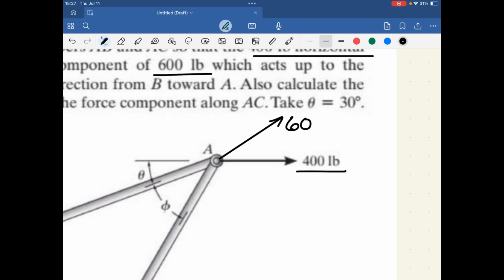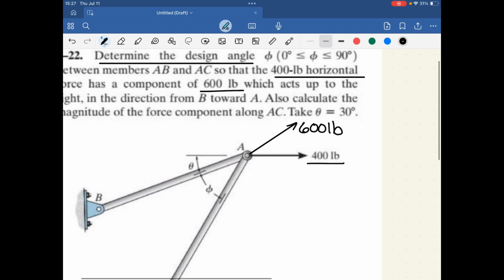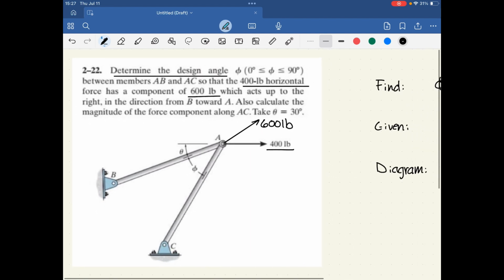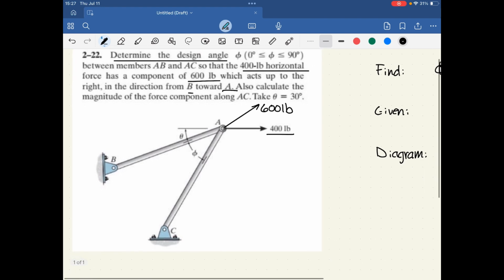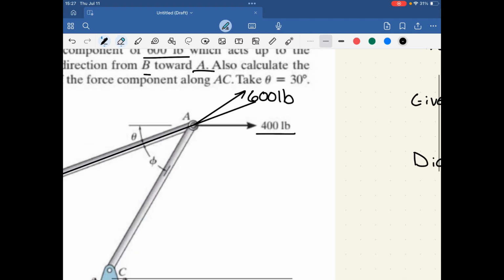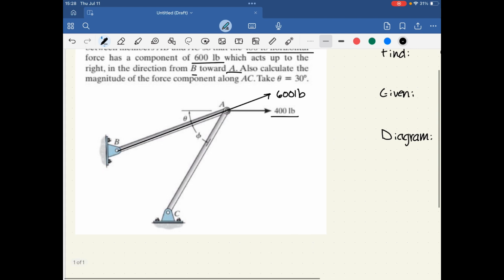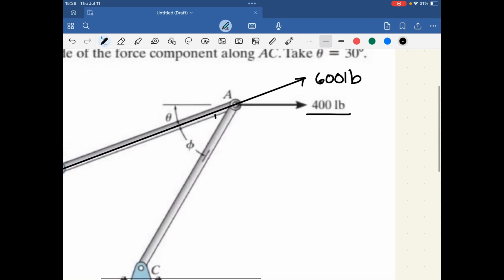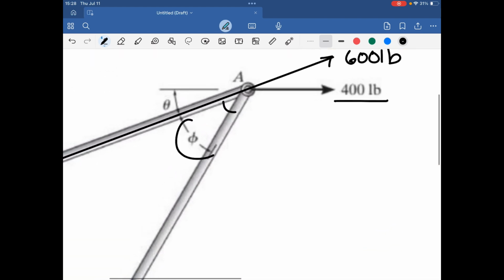Now this would be 600 pounds because it says from the direction of B towards A. So this goes from B towards A, like that. Now, we're asked to find what this angle right here is, phi.